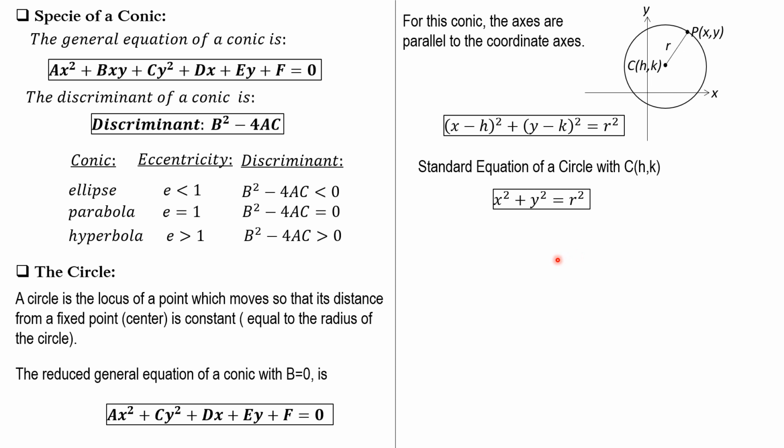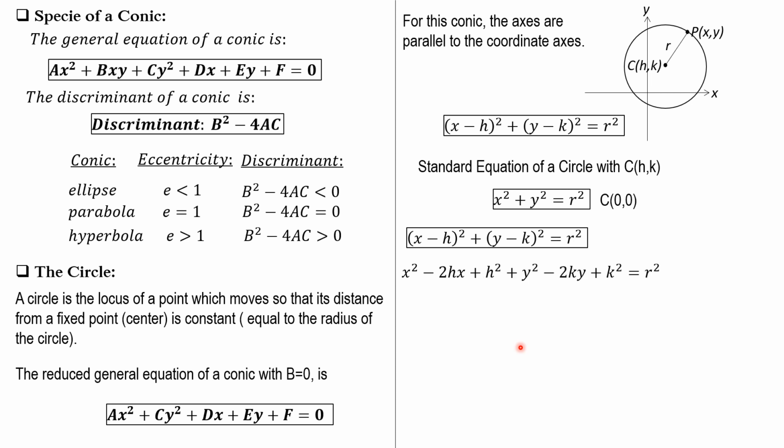So going back to the standard form of a circle, by expanding, let's expand this equation here. So we have x squared minus 2hx plus h squared plus y squared minus 2ky plus k squared equals r squared.